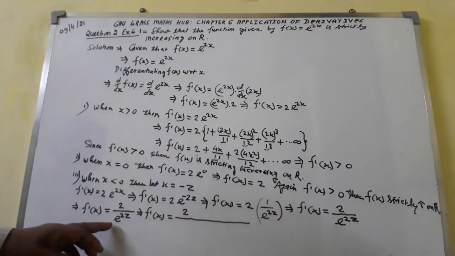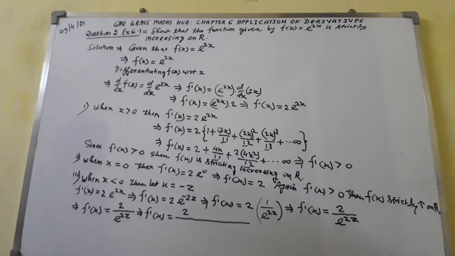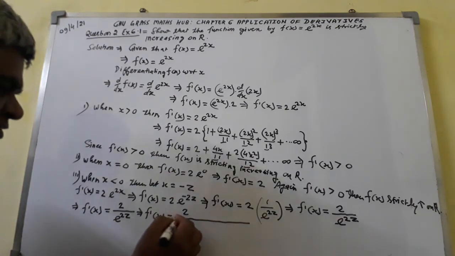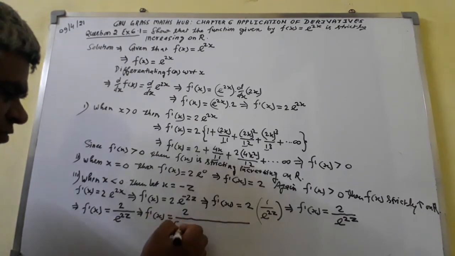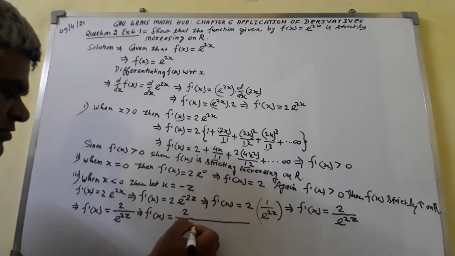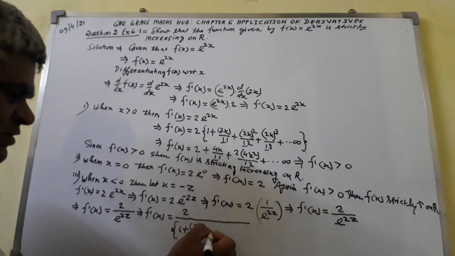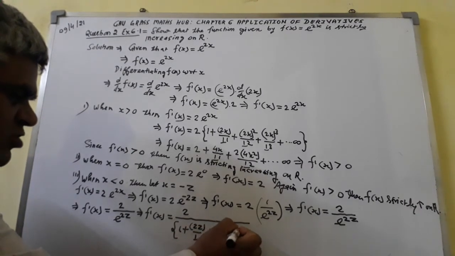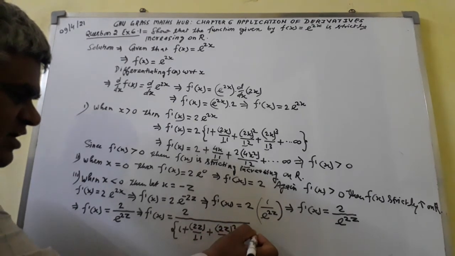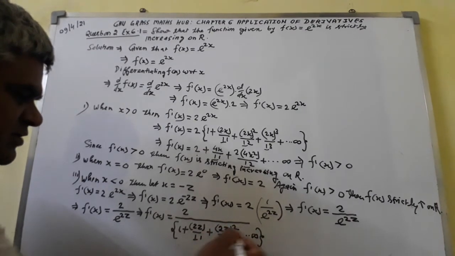Here e raised to the power 2z comes out to be 1 plus 2z over factorial 1 plus (2z) whole square over factorial 2 plus dot dot infinite.